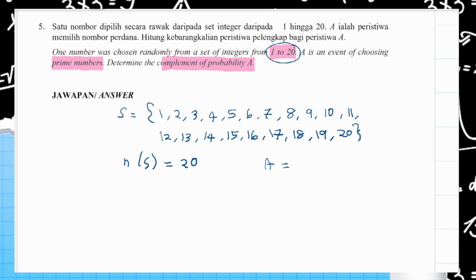We list out. Prime number must start with 2. Some of you make a careless mistake because you think that 2 is not a prime number, but remember, prime numbers start with 2. So prime numbers: 2, 3, 5, 7, 9 is not, 11, 13, 17, and 19.